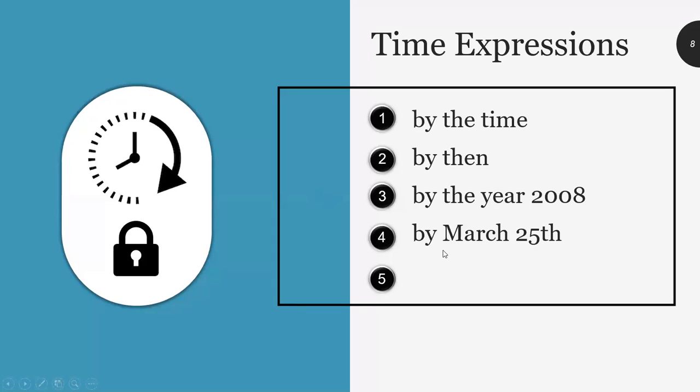Or not only March, but you can also use a clock time: by 12 o'clock tonight. Now is afternoon. By 12 o'clock tonight, I will have submitted my project, because the due date is before that. So it means before 12 o'clock tonight.